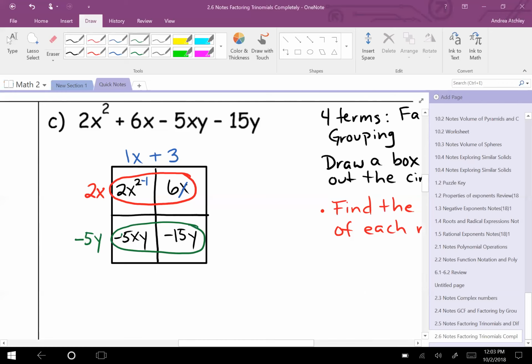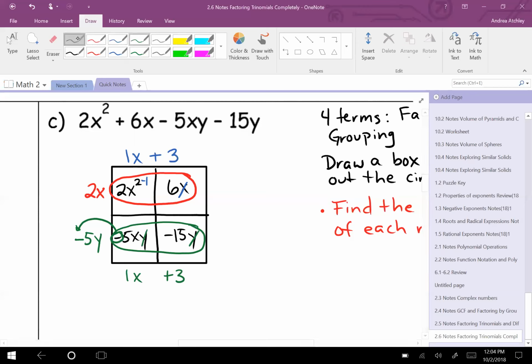Remember, if this first term is negative, then you have to pull out a negative number. If you don't do that, then you're going to get it wrong. Then you divide. Negative 5 divided by negative 5 is 1, and I take away a y, so it's 1x, or just x. If you write just x, that's fine too. Then negative 15 divided by negative 5 is a positive 3, and the y again goes away.